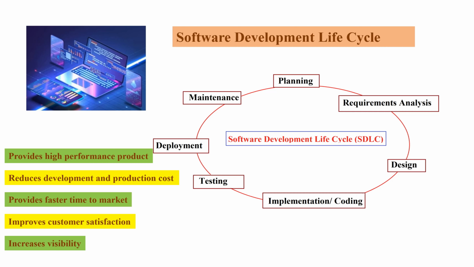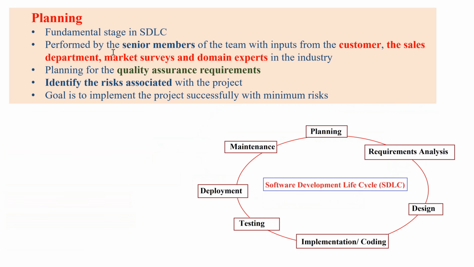Let's try to understand the planning stage. What is there in the planning stage? The planning stage is a fundamental stage of SDLC. In it, a few of the senior members will sit together in a meeting and take input from customers, the sales department, market survey, and domain expertise. What's the main reason for planning?